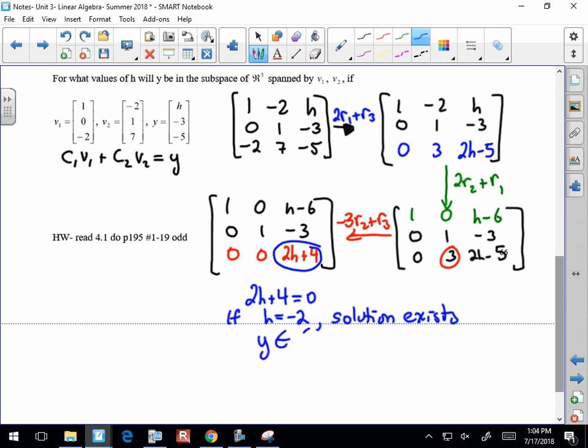So if H equals negative 2, a solution exists. Y belongs to the span of V1 and V2. And I'm not going to really address subspace, one, because they didn't really ask us to, but also because they said Y will be in the subspace of R3 spanned by V1 and V2. So they're already saying that V1 and V2 span their own subspace. You're talking about two vectors in 3 dimensions, so you're talking about a plane.